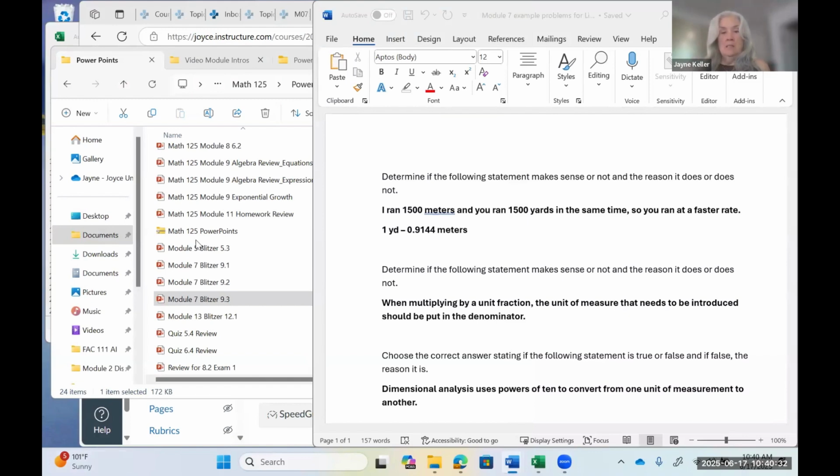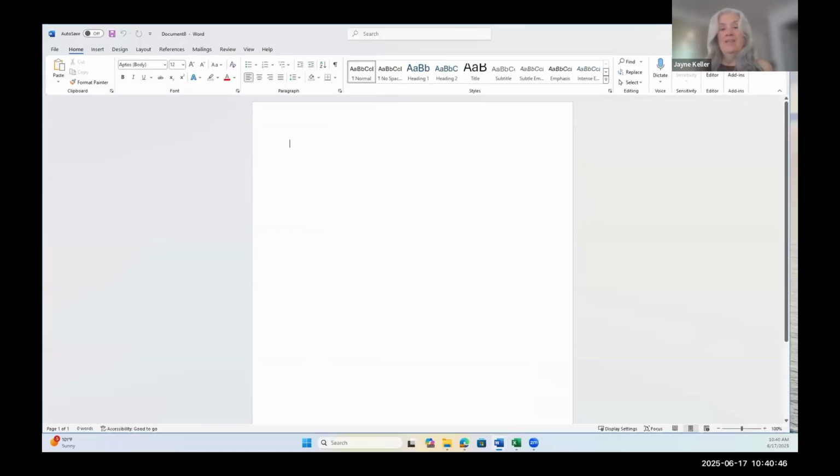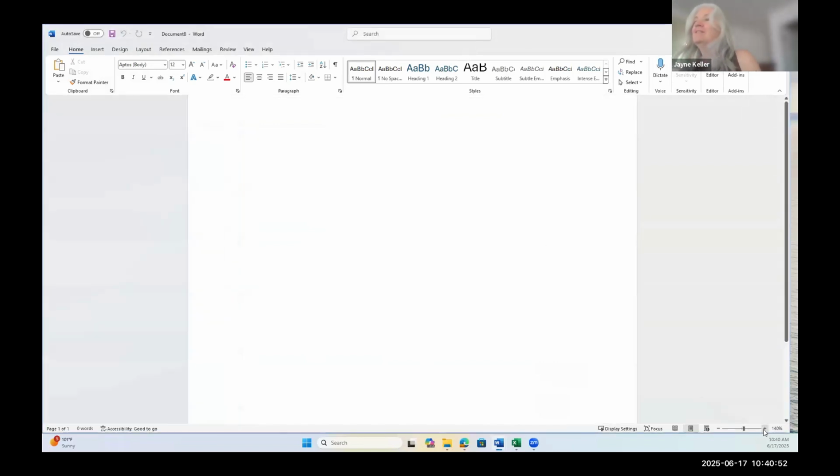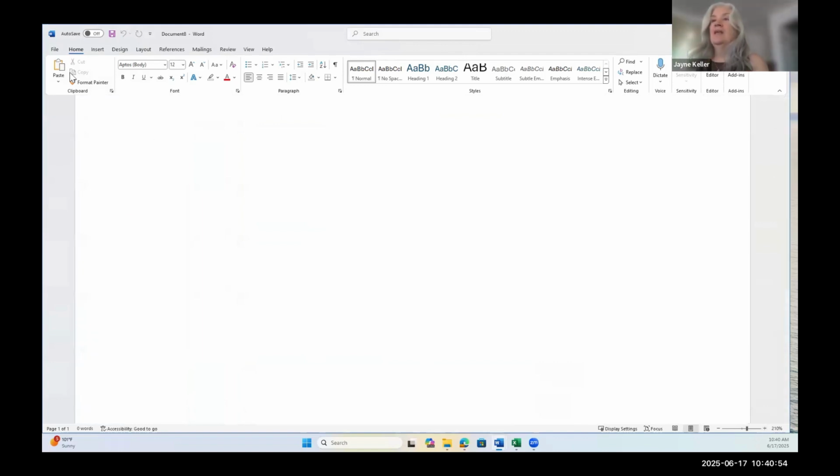And then where did my little annotate go? Oh, it's not doing what I wanted it to be. Sorry, little operator difficulty. Okay, there we go. Let's make this bigger so we have a lot of room.